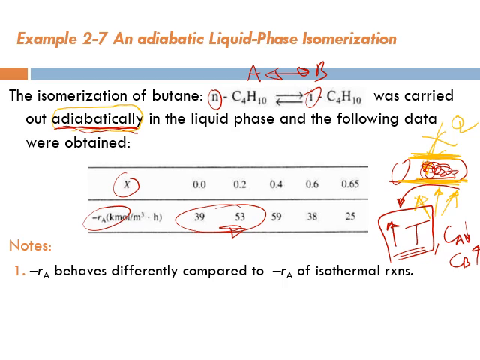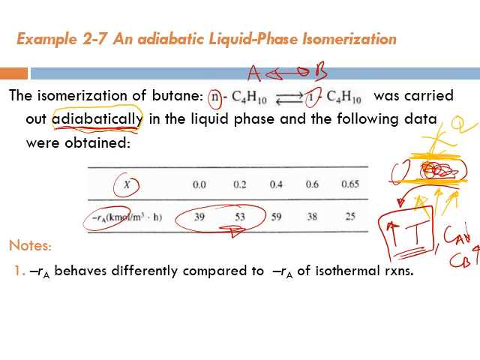Let me say it again. The rate of reaction is a function of temperature and concentration. As the reaction progresses, for this specific reaction, heat is being released, because now we know that the reaction must be exothermic. Heat is released, and therefore temperature is increasing.